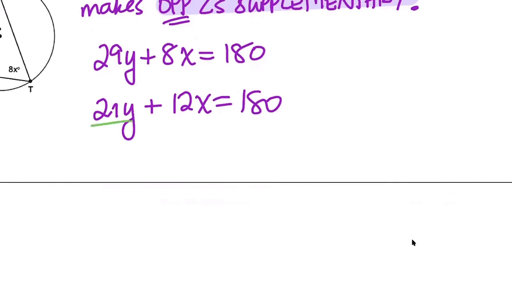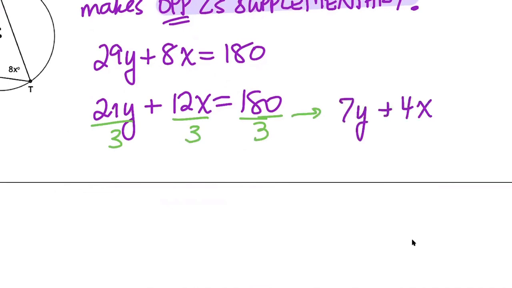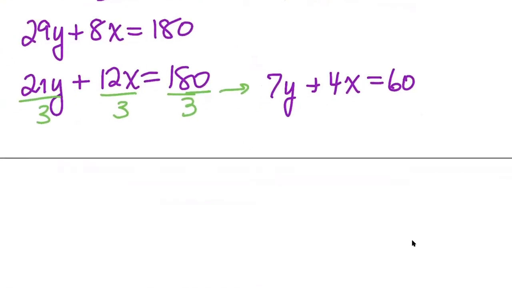So I'm going to take a 3 out of the bottom one because that'll make my numbers a lot nicer. That gives me 7y plus 4x equals 60. I don't know why I put y first. It really doesn't matter, you could put x first.